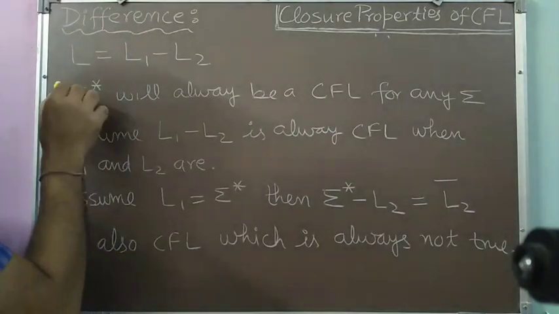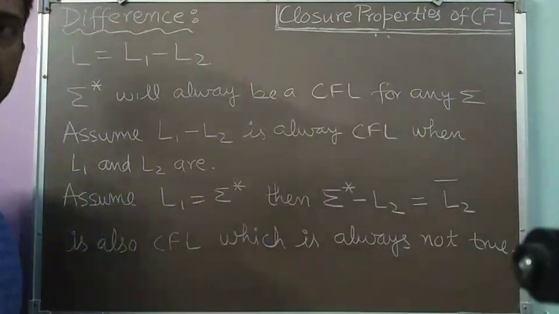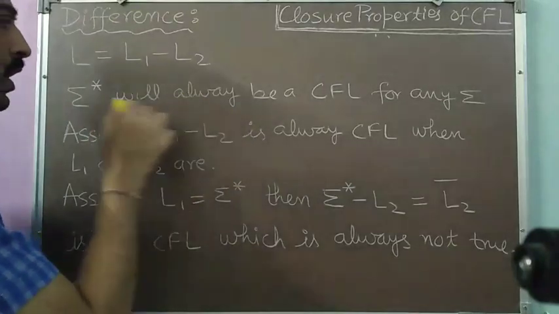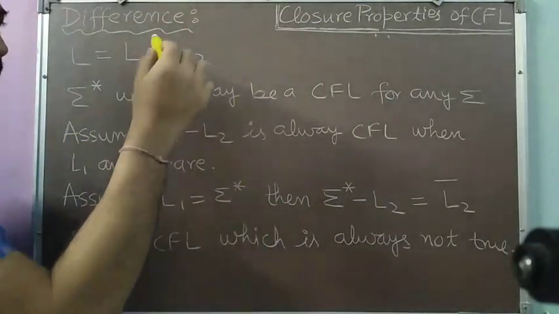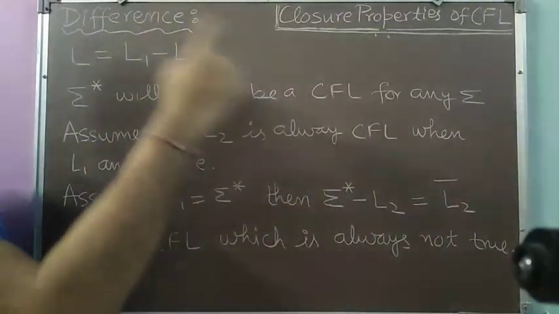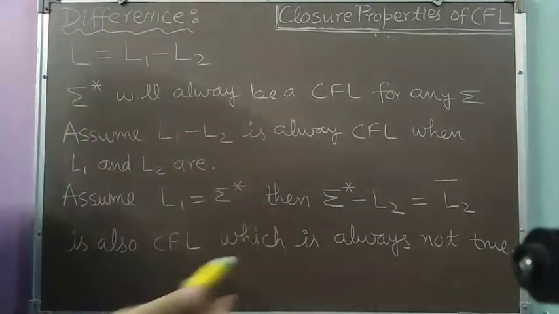Okay. So sigma star will always be a context-free language for any sigma. Why? Because sigma star is a regular language, and regular languages are fully contained inside the context-free languages. So if a language is regular, it will always be a context-free language also.